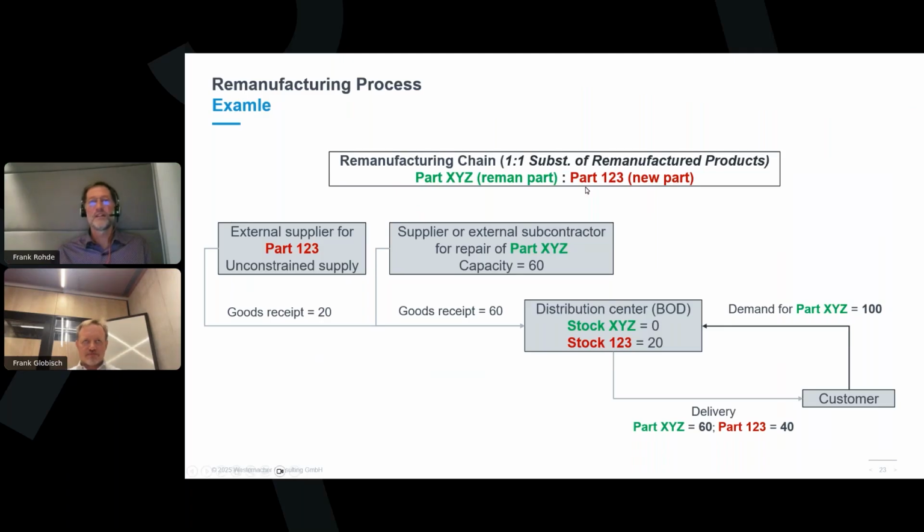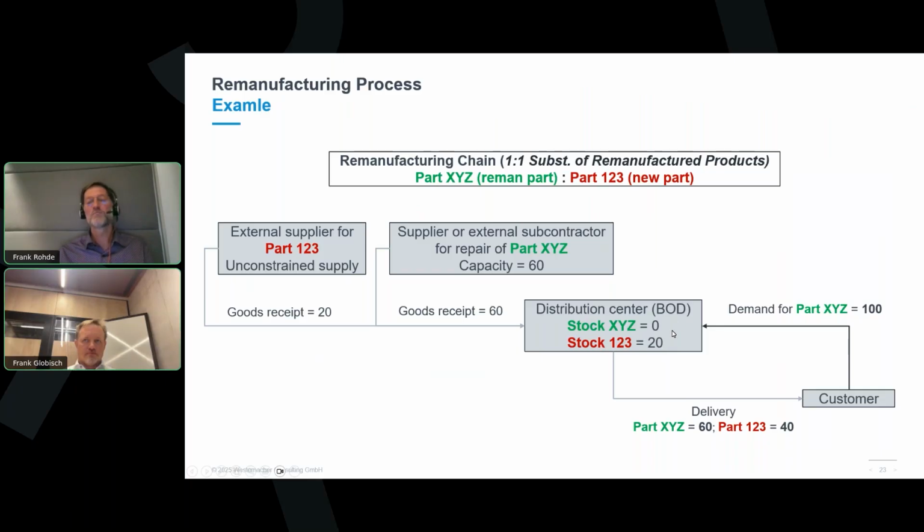Simple example that makes it more clear. Customer needs 100 pieces of part XYZ next month, and we do see that demand from planning. We see next month we will not have the part available on the location that is supplying this customer. We have the new part available of 20 pieces.